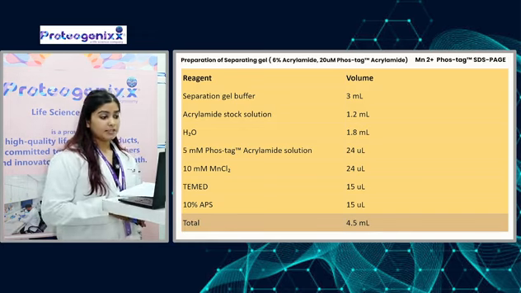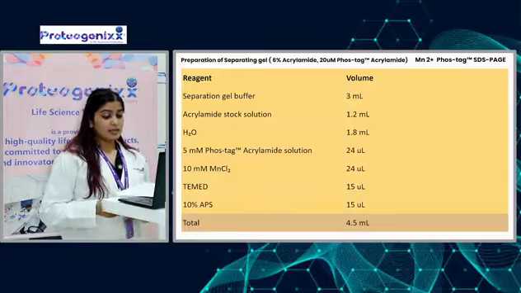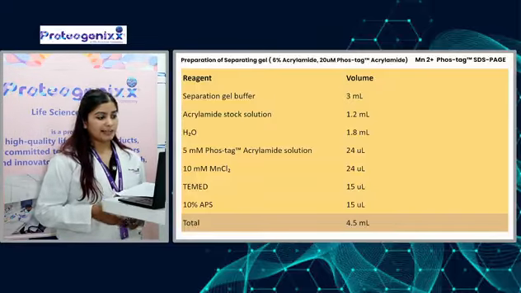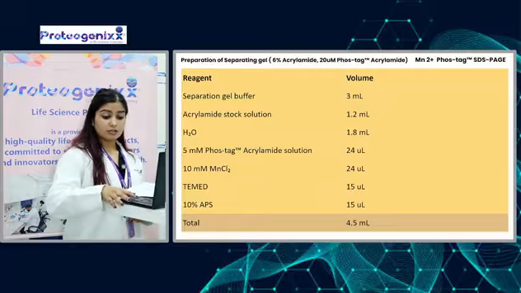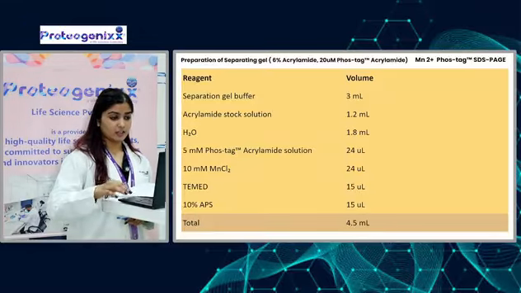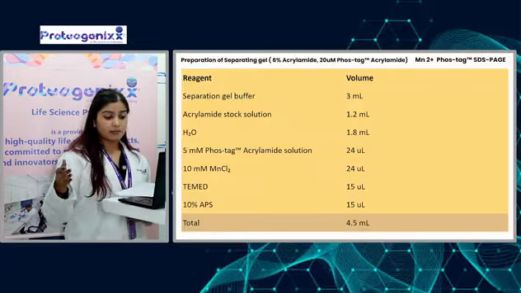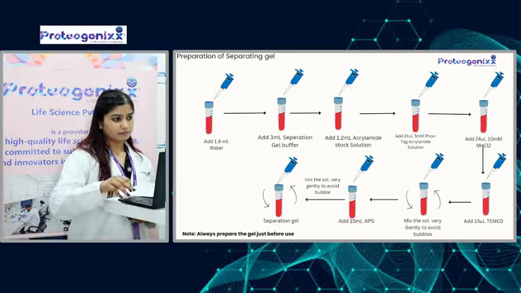Then 10% APS for polymerization and TEMED as the catalyst is added. It is very important to optimize and check your acrylamide concentration and also your divalent metal ion reagent before making your gel, according to the molecular weight of your target protein.